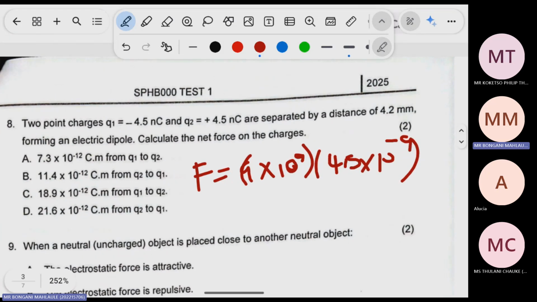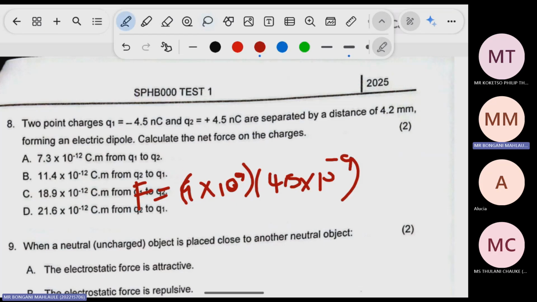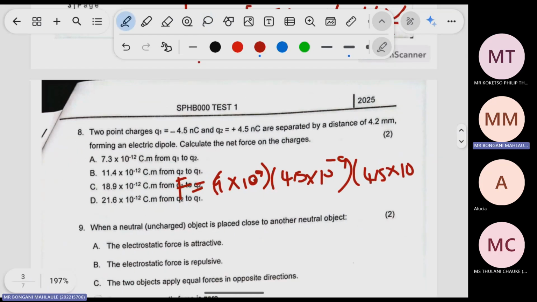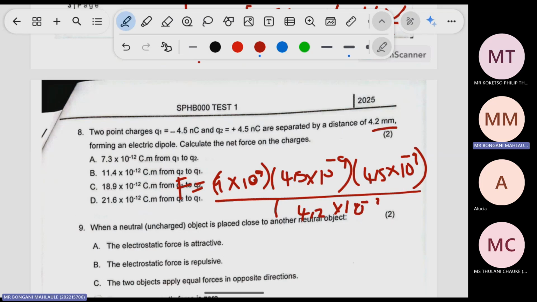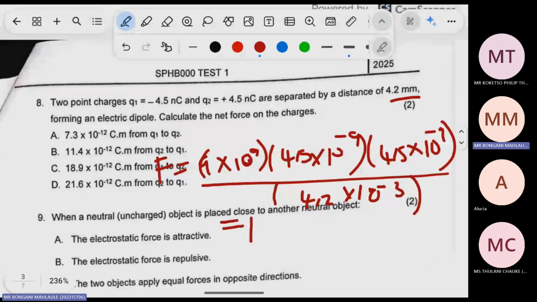This one you can even say squared, but let me not write the square, write it twice. 4.5 times 10 to the negative 9 all over 4.2 times 10 to the negative 3. So you'll get 10.3. I'm getting 10.3 times 10 to the negative 3 newtons.